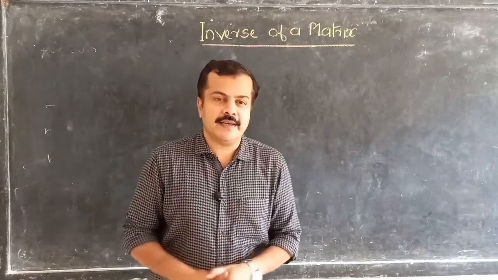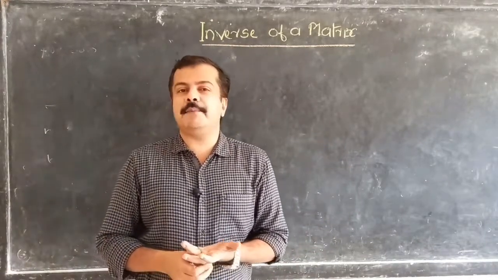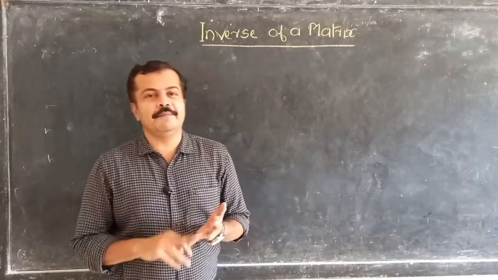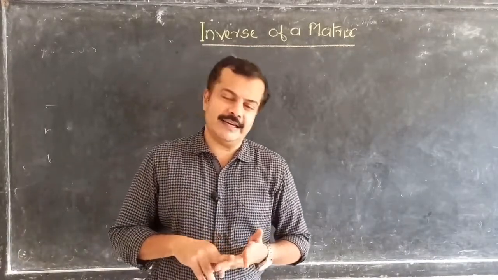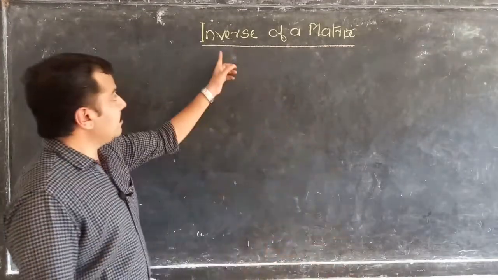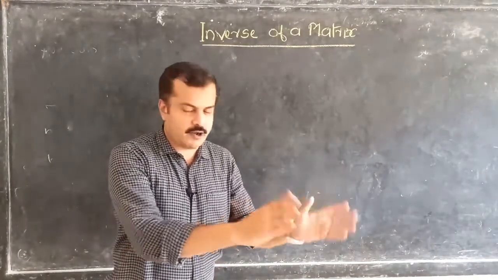As we have said, the concept of inverse or reciprocal matrix is applicable only for square matrices. Like the minor, cofactor and adjoint, which are applicable to square matrices, the concept of inverse also is applicable only for square matrices.